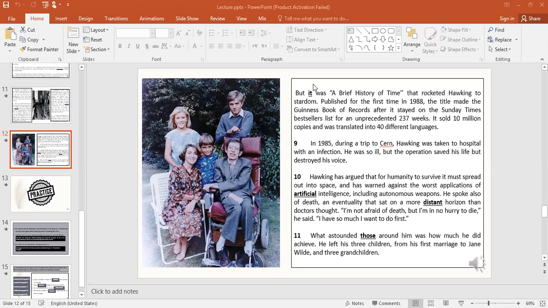That he got married more than one time. Very good. He got married more than one time because they said his first marriage. So maybe he has a second or a third. Nobody knows. But they said his first marriage. Okay? Is everything clear till now?